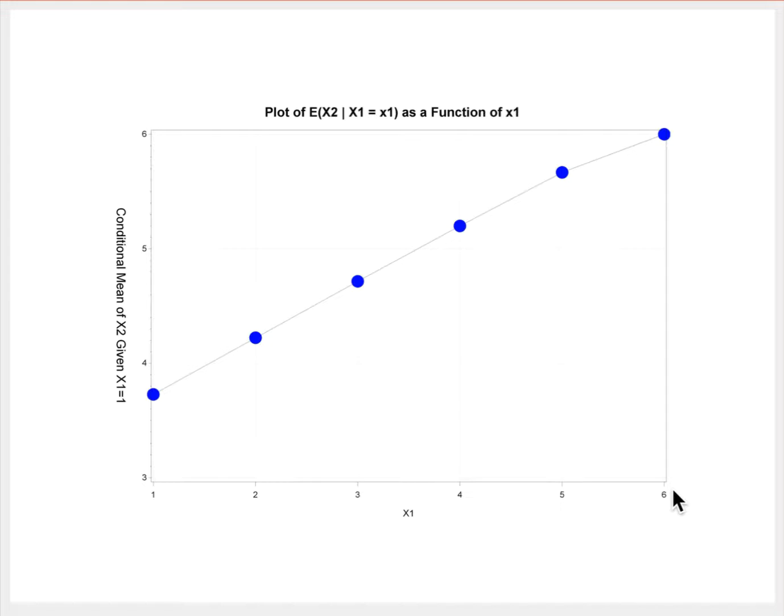And again, I've used these formulas for the conditional mean and conditional variance of x2 given x1 and created plots. And we see that these quantities functionally depend on the value of x1 that we're conditioning on.